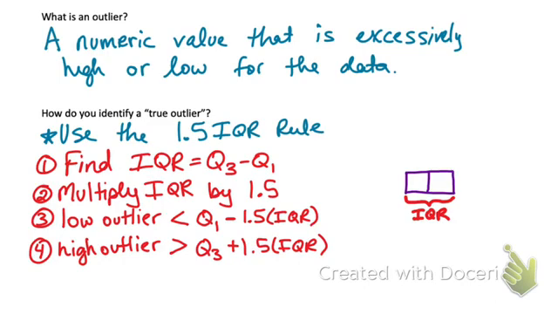Would you say that's about 1-ish? There you go. So there's 1, and then half of it, there's 1.5. Anything lower than this, these are going to be low outliers.